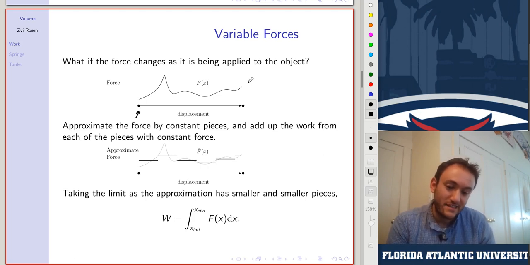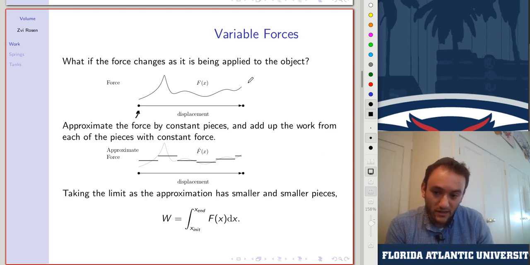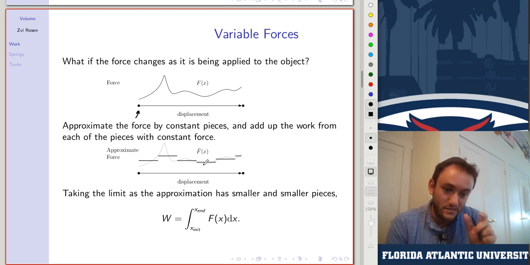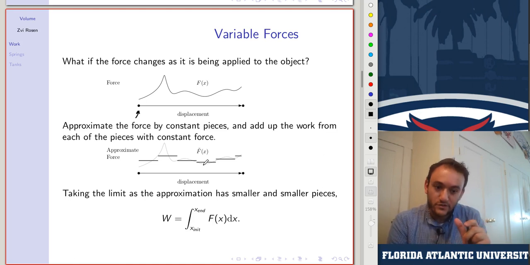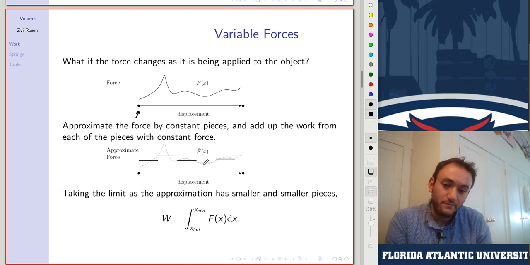Well, this is the standard integral calculus approach. You approximate it by constant pieces and add up the work from each of the pieces with constant force. So one approximation is given in this picture, where the bar here measures the approximate force in a particular interval, and you just get the constant piece of work for each of those constant force pieces, then you add them all up.